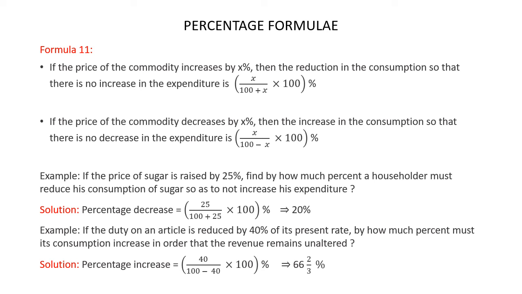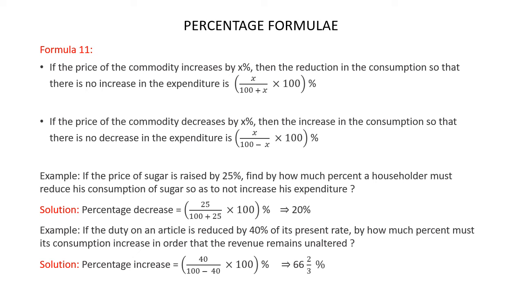Formula 11. If the price of a commodity increases by X%, then the reduction in the consumption so that there is no increase in the expenditure can be calculated using the formula X divided by (100 plus X) multiplied by 100%.